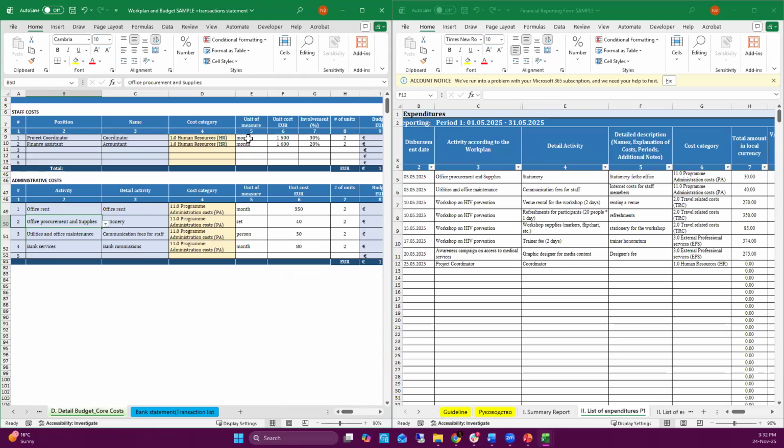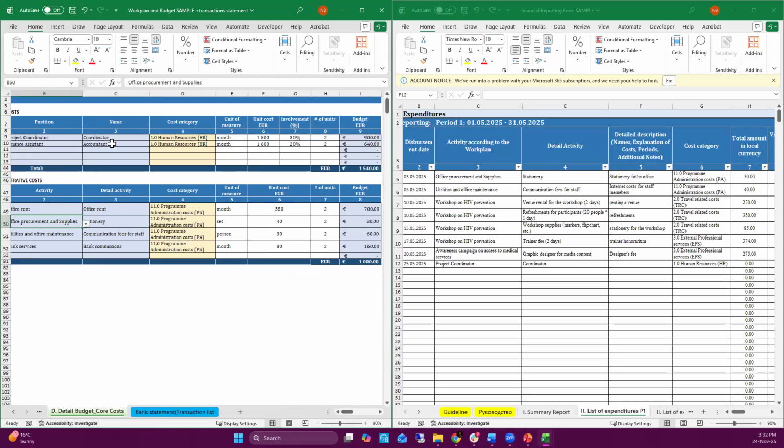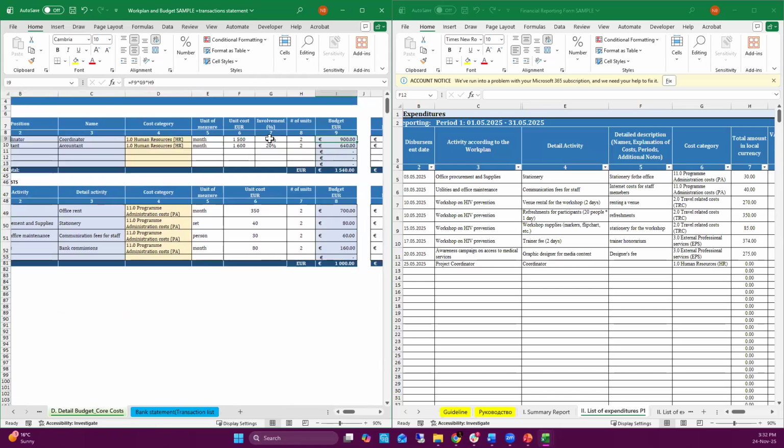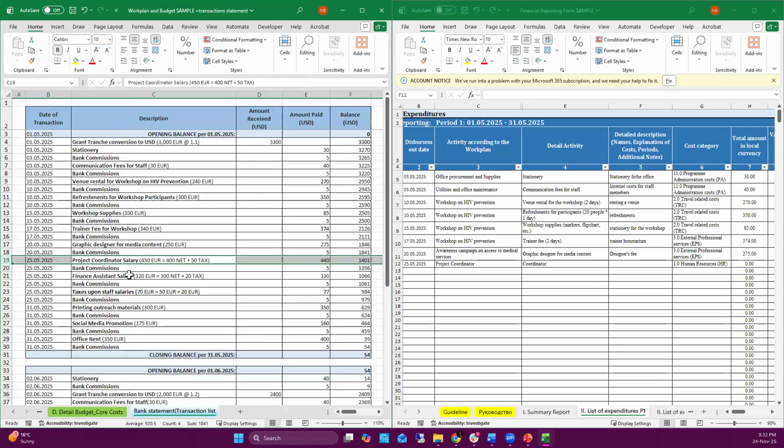According to the budget, we have a gross salary for the coordinator of 450 USD overall, and 320 for the accountant. So here I have already put the amount so that we see clearly.